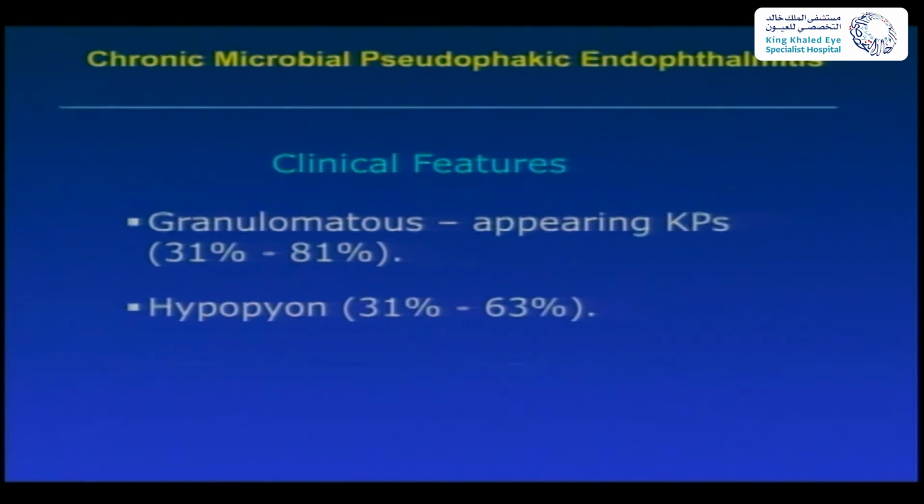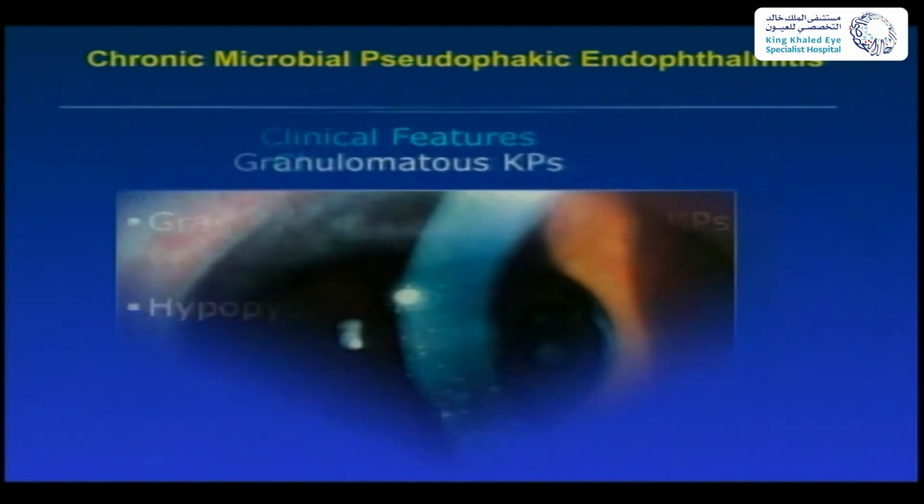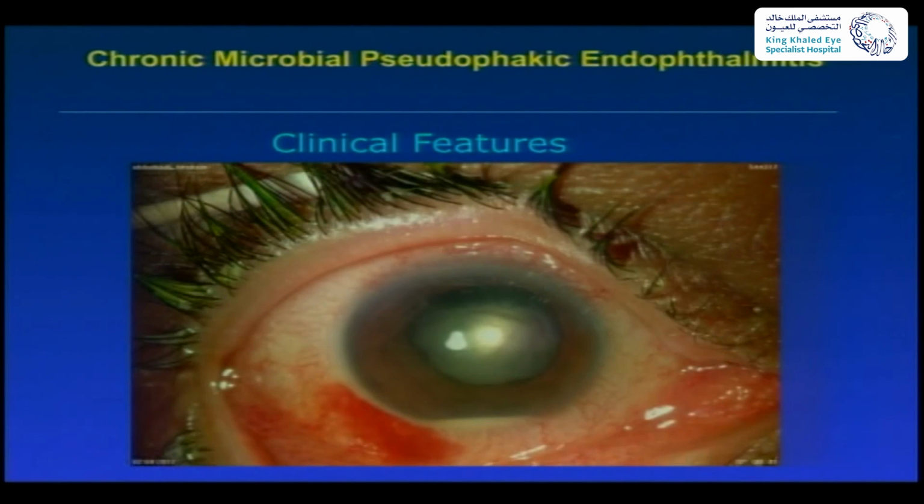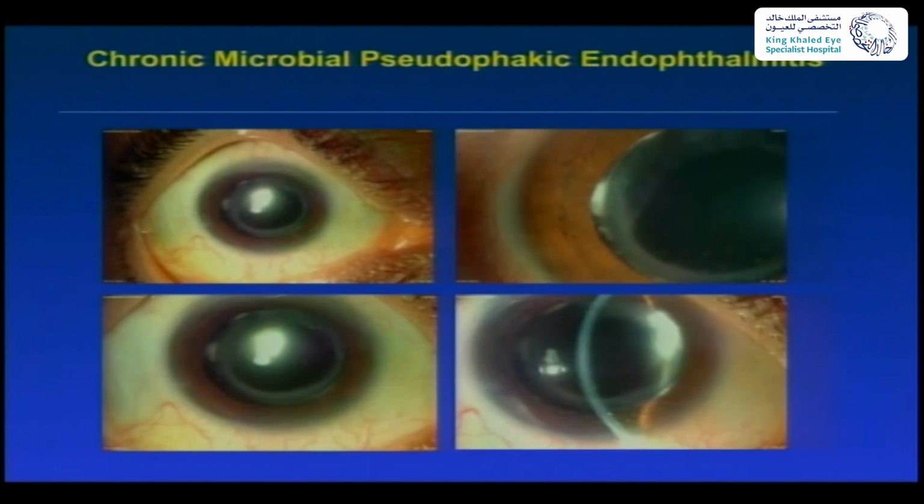Another example. Granulomatous KPs can be seen in up to 80%, bottom fat KPs. Hypopyon, up to 63% of the cases. This is an example of a case with bottom fat KPs and hypopyon. That was a patient that I managed recently. Look at the patient. The patient had uncomplicated cataract surgery done in another institute.